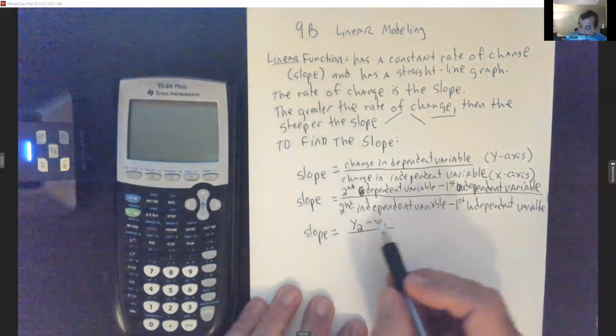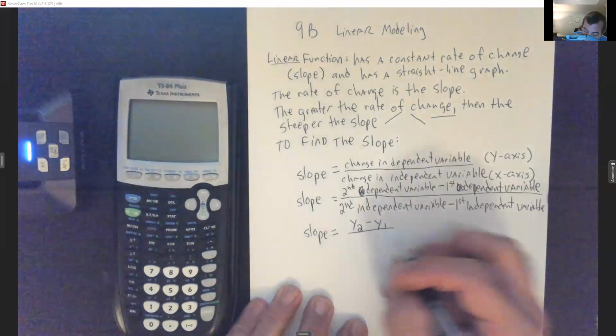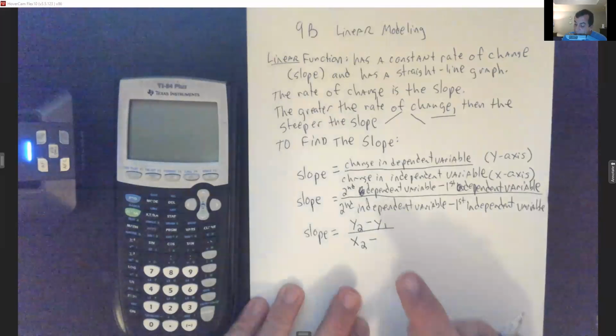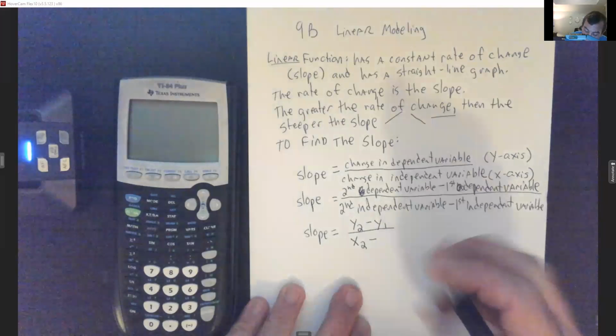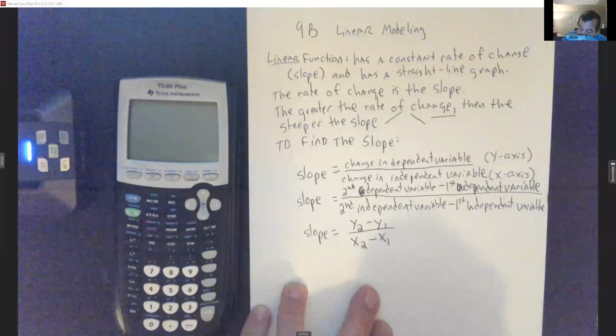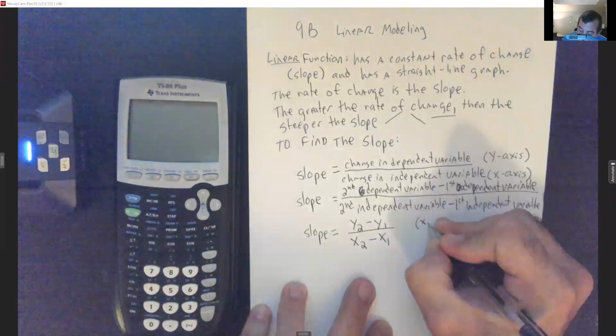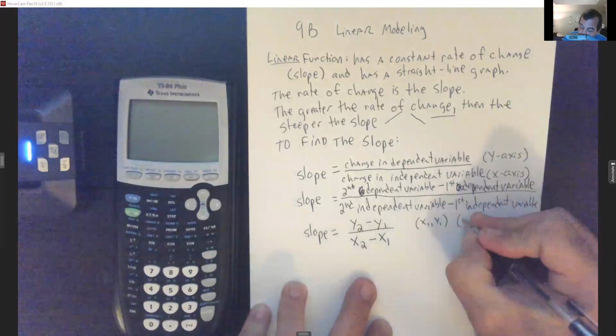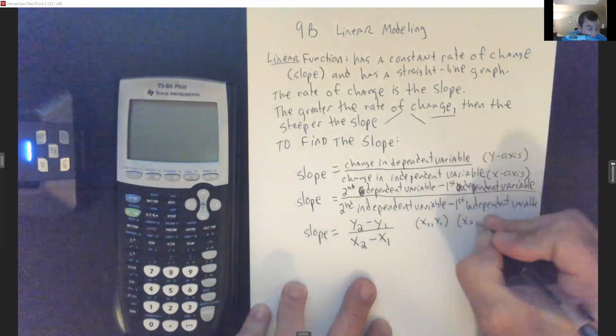And the same on the bottom. The second independent variable will be the second x, which is x2, minus the first independent variable, which will be your x1. So what they'll do, they'll give you 2 points. You'll have your x1 and your y1, and you'll have your x2 and your y2.